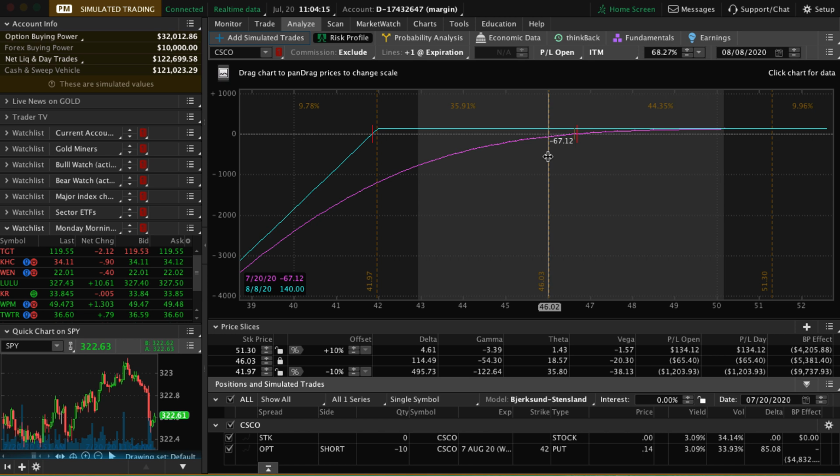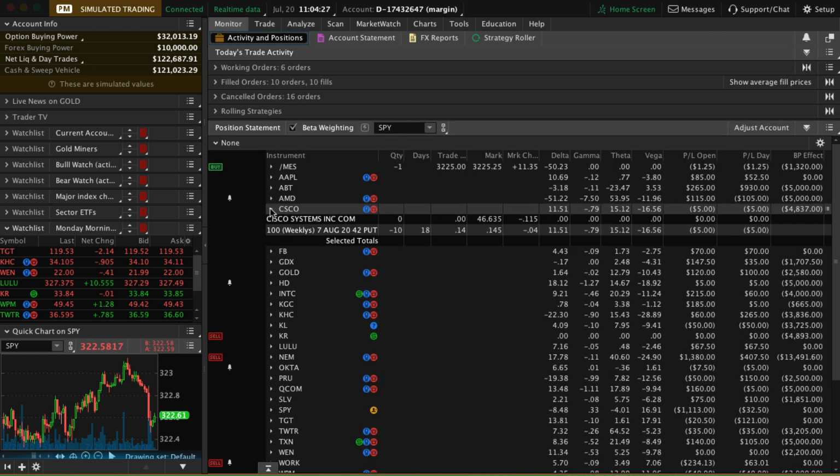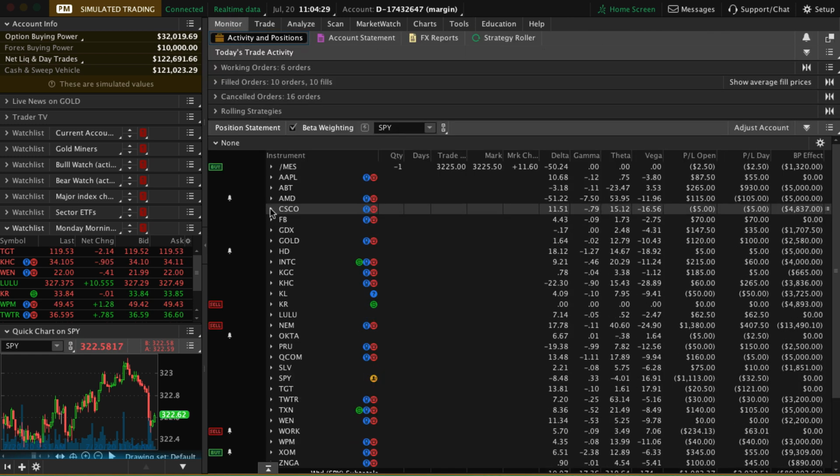It's a small amount of money, but with a high probability. As you can see, the probability for me is like 90% to win on this trade. I don't mind if somebody pays me $140 in just 18 days. It's all right. You can see that theta on this is $15 per day. That's pretty cool. I like it. I don't need to do anything with it.